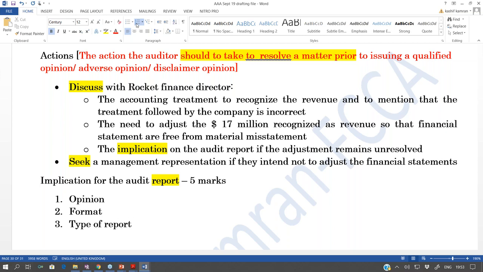How many types of reports are there? Two types of reports, right? Modified report and unmodified report. And how many types of opinions are there? 4 types of opinion. And how many types of reports are there? 2. Okay, see how I write my 5 marks. I'll justify my 5 marks, right?